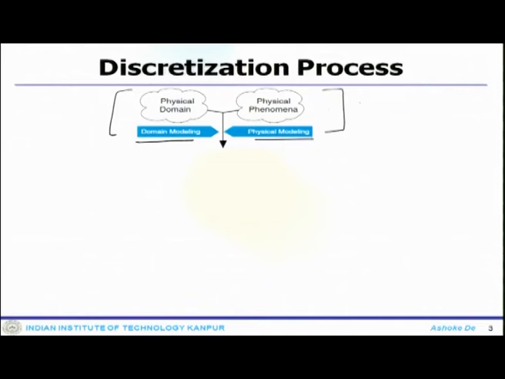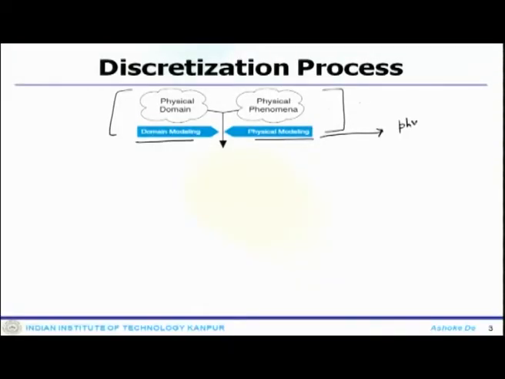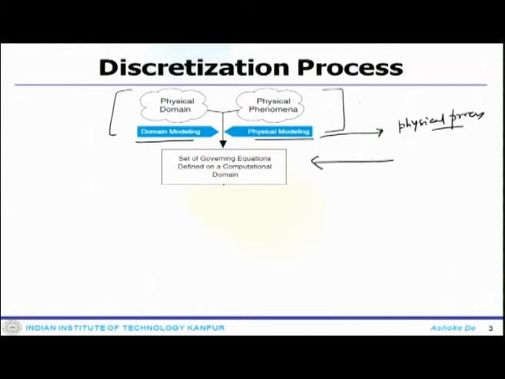Physical modeling means you are going to have a set of governing equations that represent this physical process. That will lead to a set of governing equations defined on the computational domain, or computational grid or mesh, whatever you call it.